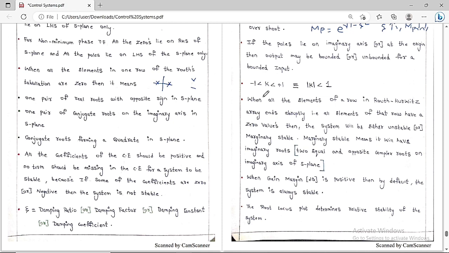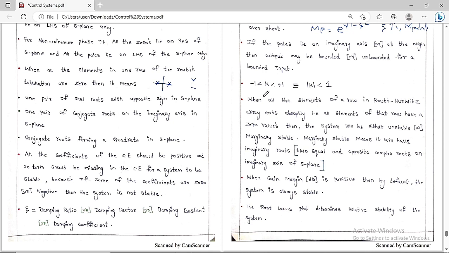Whenever any complete row is 0, it indicates that the roots can be real with equal and opposite sign, or they may be purely imaginary, or you can get complex roots of quadrantal symmetry. Out of these three cases, one is going to be possible, as I already told you.